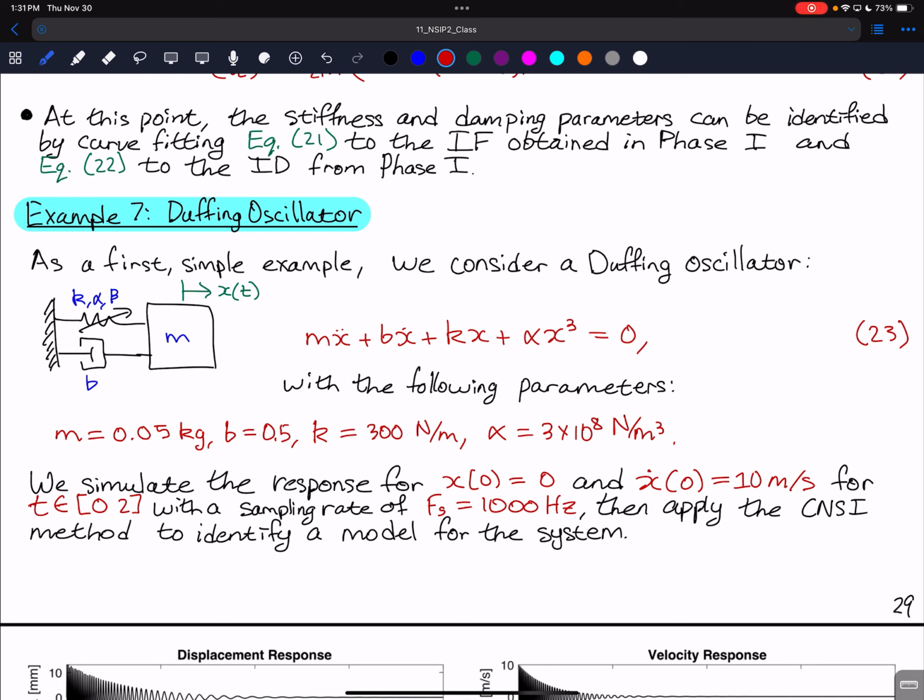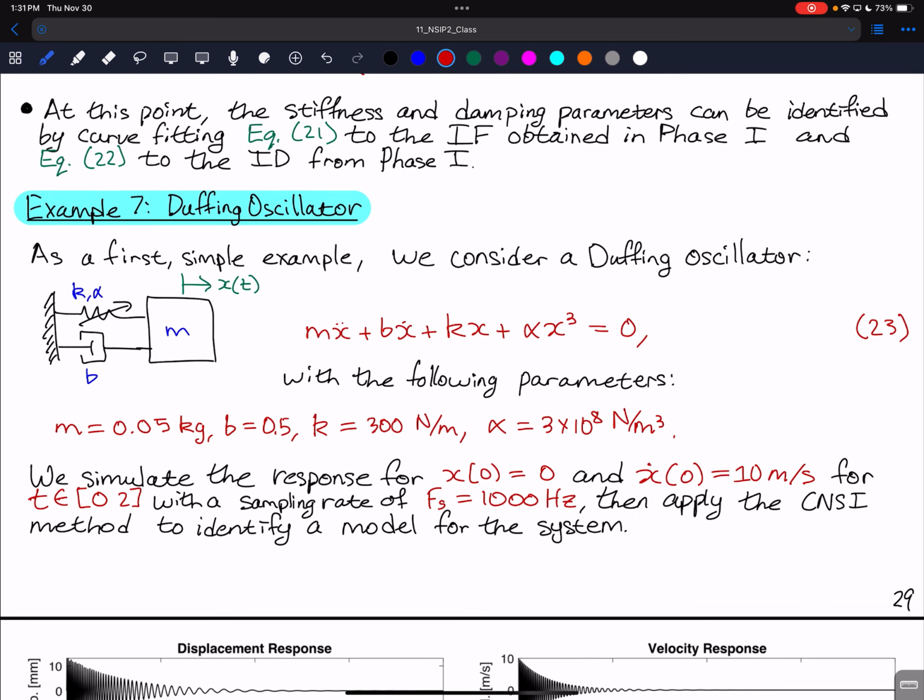Oh yeah, sorry, there's no beta. I originally had this not be cubic, but then I decided to make it cubic, just because it's simpler. And in the model, we'll introduce another beta, because we're not going to assume cubic in the model.